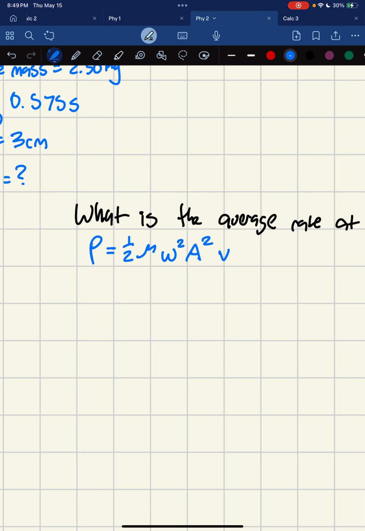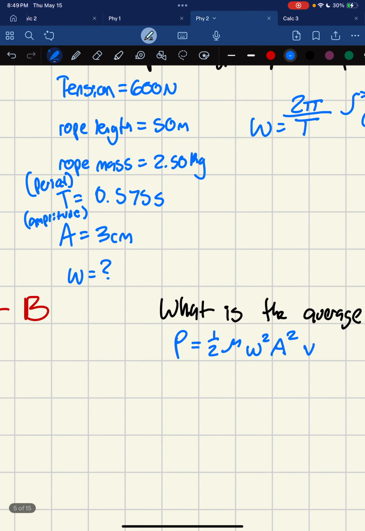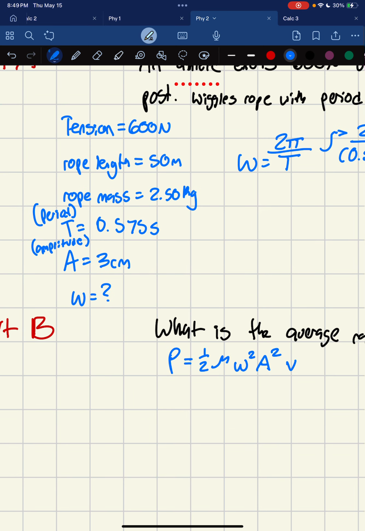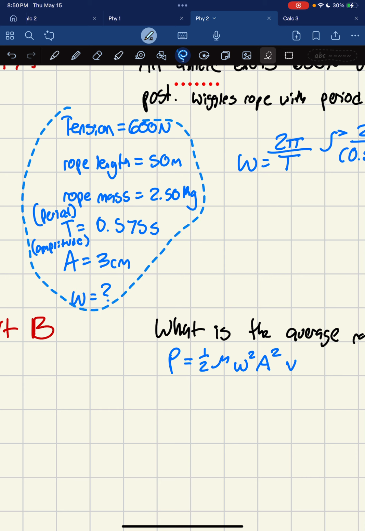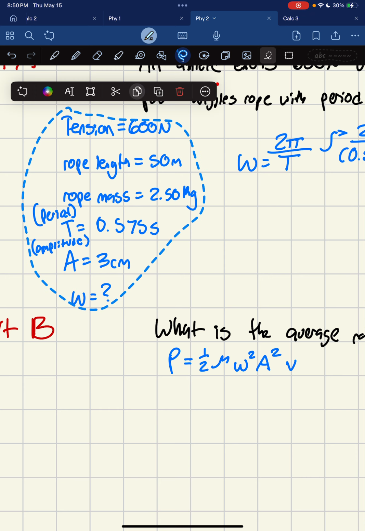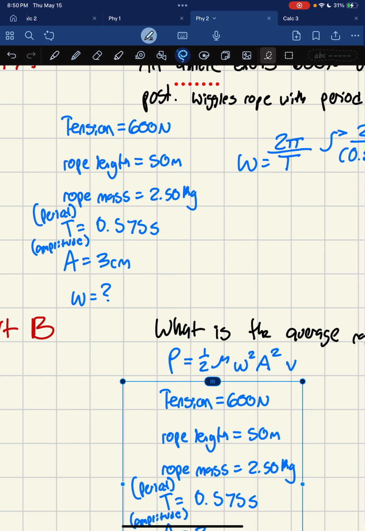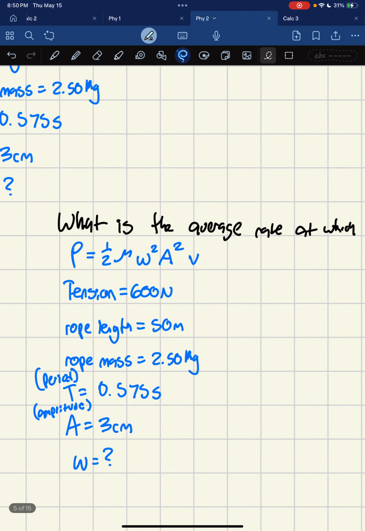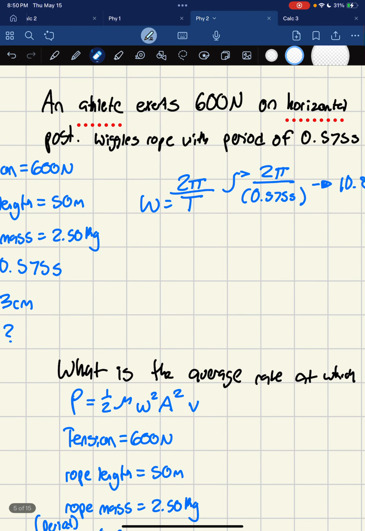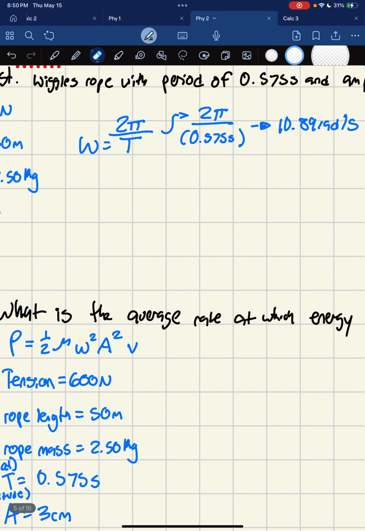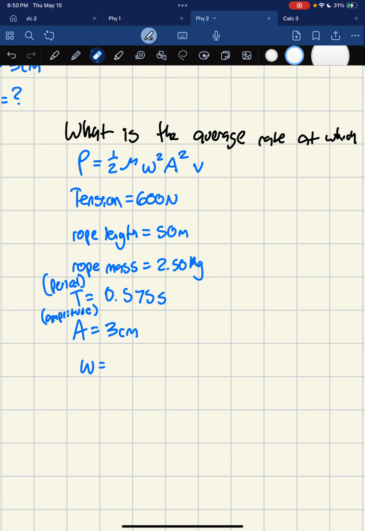So what I'm given in this problem is from up here, all of these values right here. I'm given everything right here, and I just solved for the angular frequency, so I'm just going to write it as 10.9.